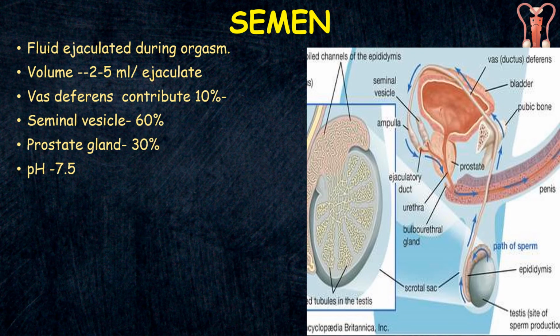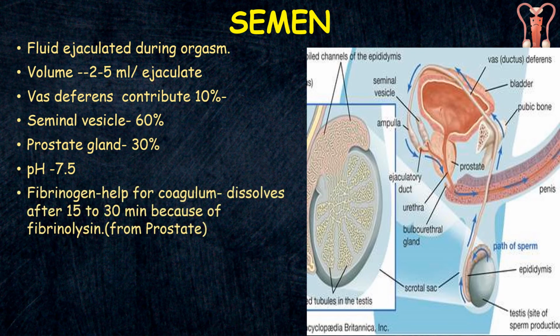The pH is 7.5. There is fibrinogen, which helps form the coagulum that dissolves after 15 to 30 minutes because of the fibrinolysin which comes from the prostate gland.